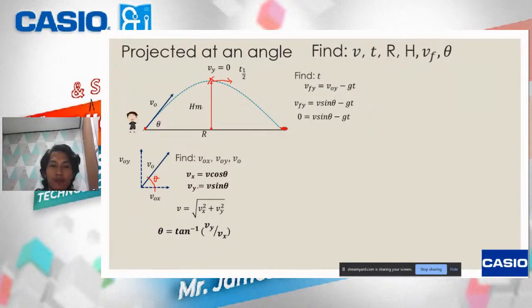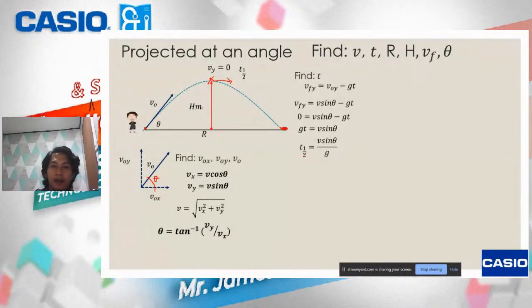We transposed it, so this becomes 0. We just move terms so that time is left, and we get this equation: gt is equal to v sine theta. So, we multiply both sides by 1 over g to cancel g, and we get this value.